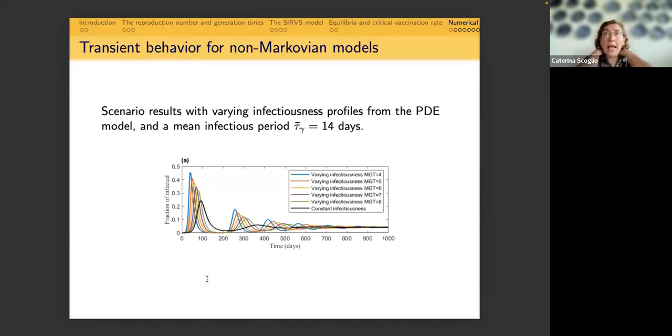And maybe we have a sort of explanation, looking at the dynamical behavior of varying infectiousness curves for different mean generation times from 4 to 8, and the constant infectiousness, which is the Markovian.